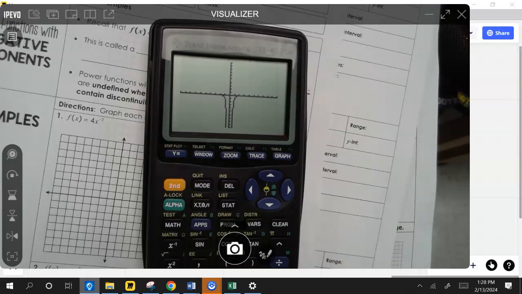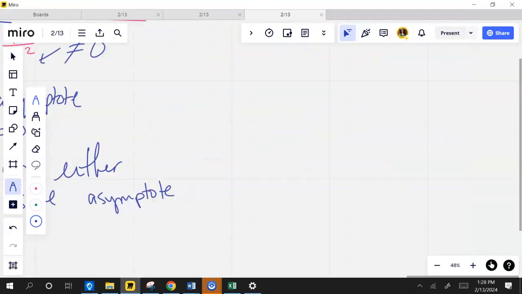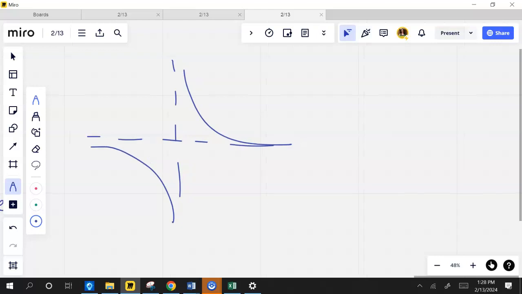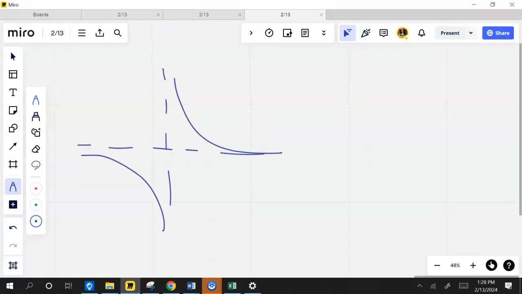Okay. I'm basically looking at 2 different situations here. Situation 1 is what you're used to, which looks something like this. These are my odd negatives.